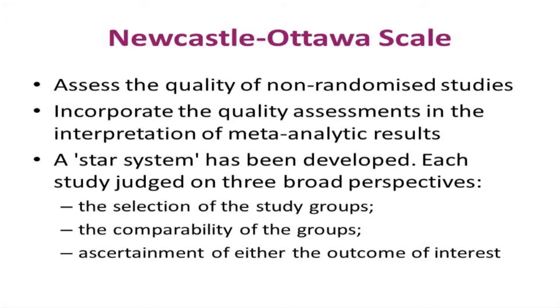What you're actually doing is that you give stars to each paper, each single paper that you would like to include in a meta-analysis, where you, as a reader, judge that study on 3 parameters: the selection of the study groups, the comparability of the study groups, and how they ascertained the outcome of interest. If it's a case-control study, it's the exposure of interest. But now we're talking about cohort studies.